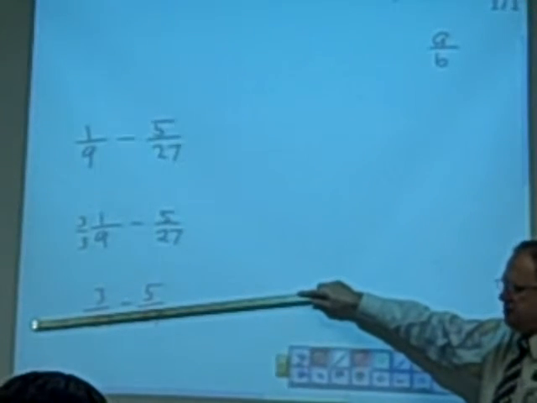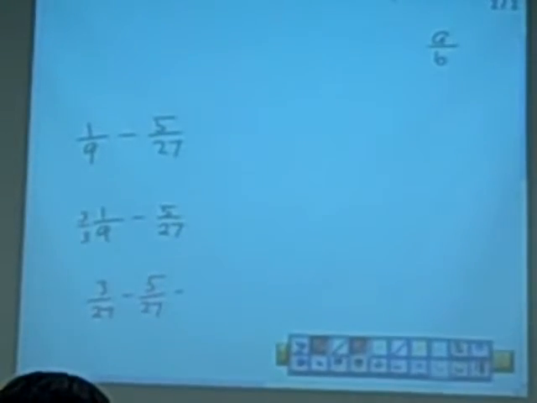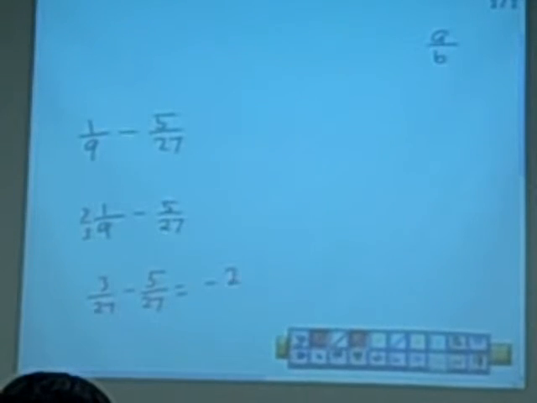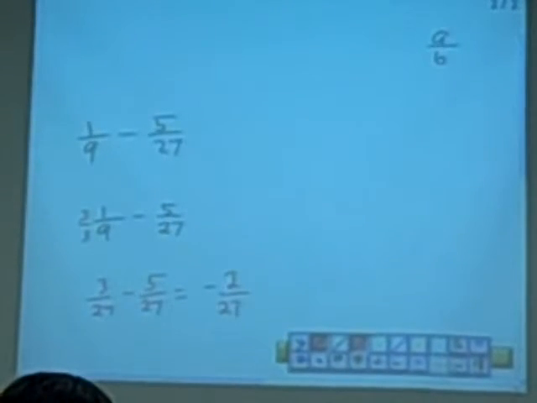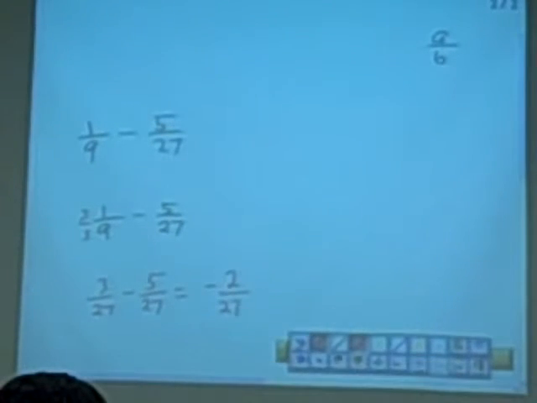Negative 2. So with a fraction, it's going to be negative 2 over 27. Okay? And then from there, you want to see if you can simplify, which in this case we can.